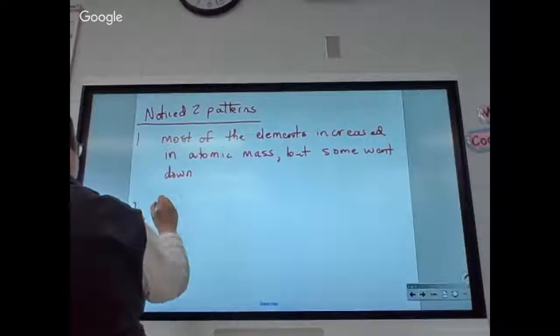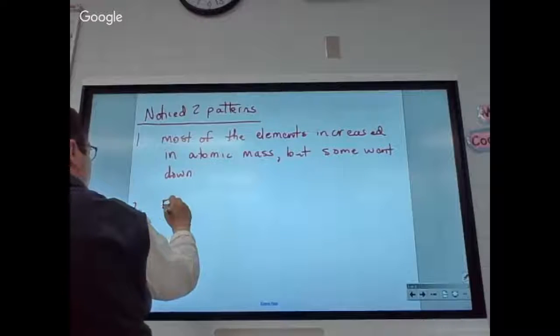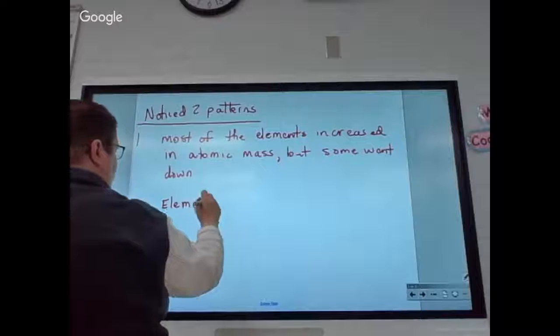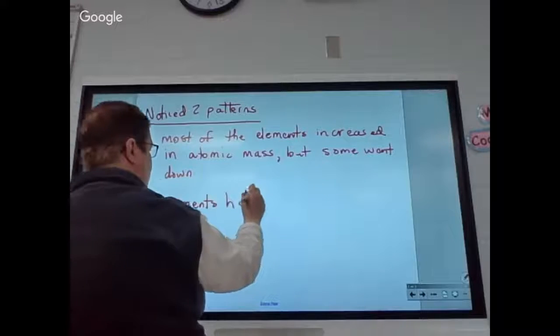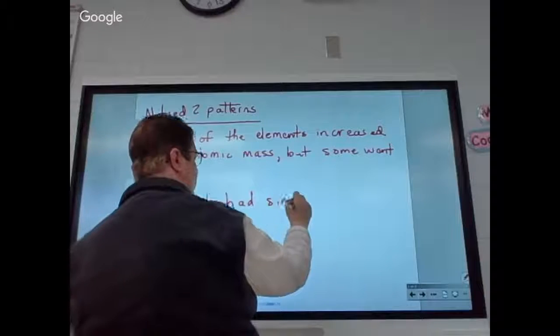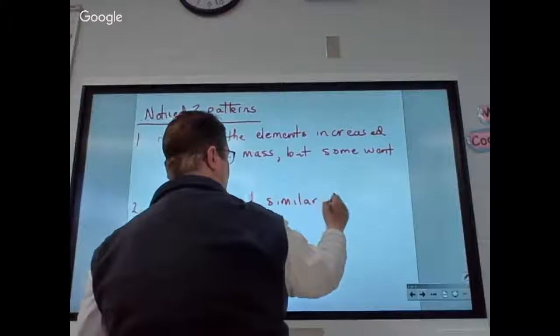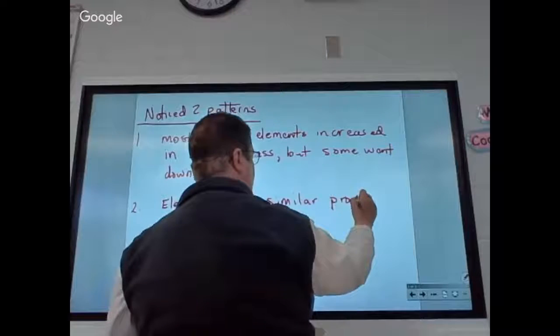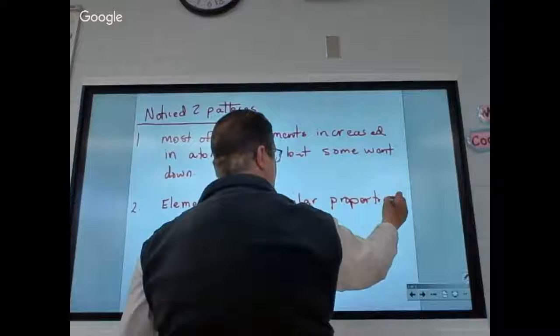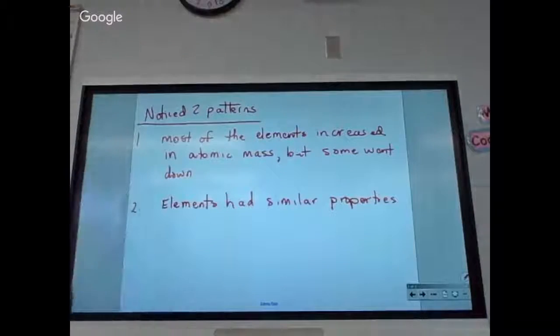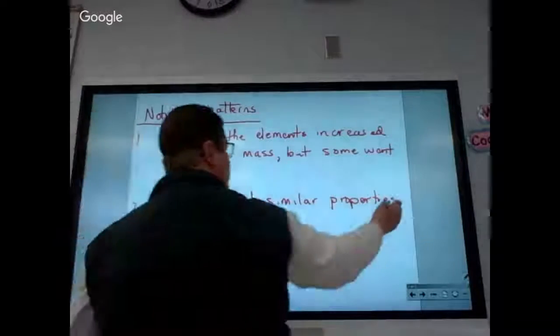And number two, elements had similar properties. Okay, elements had similar properties.